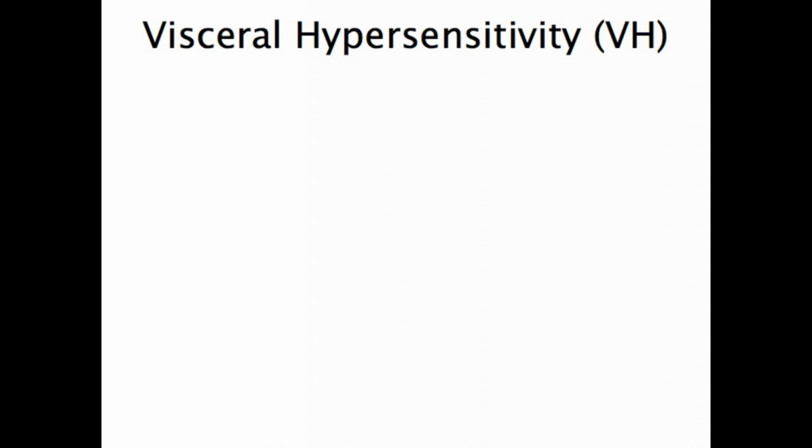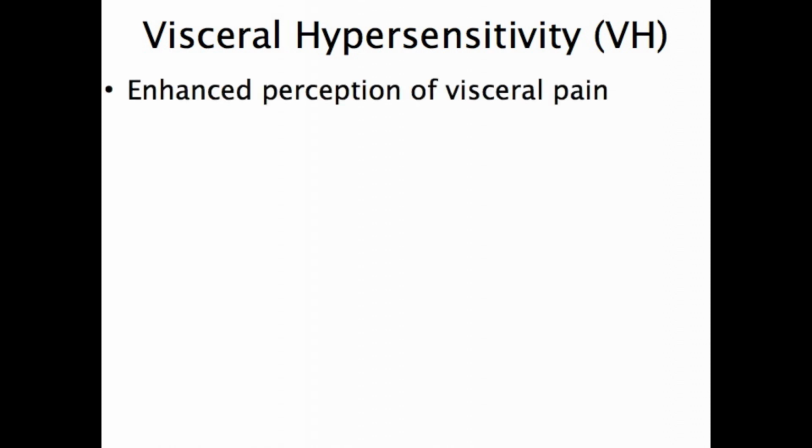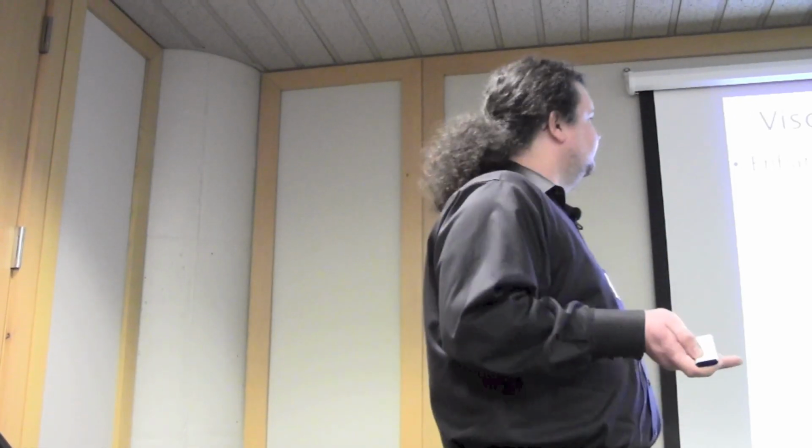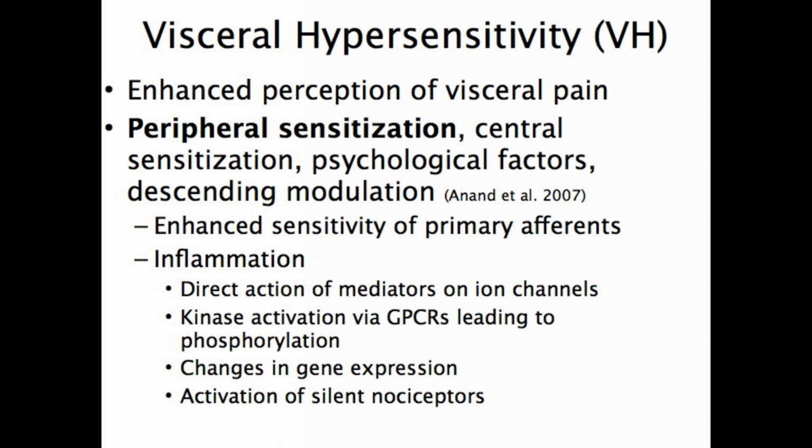So again, my work was on not only visceral pain, but visceral hypersensitivity. So this is an enhanced perception of visceral pain. It's pain that is more severe than it should be. It can be caused by a number of mechanisms.